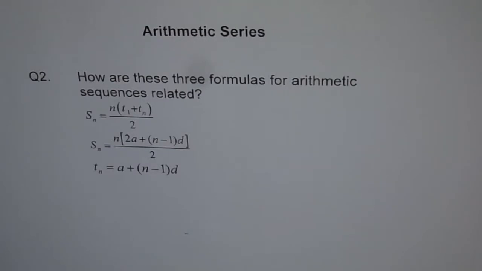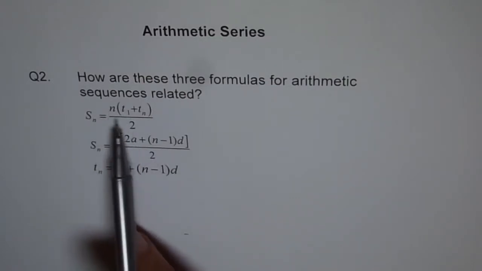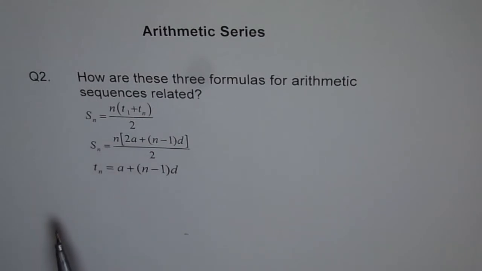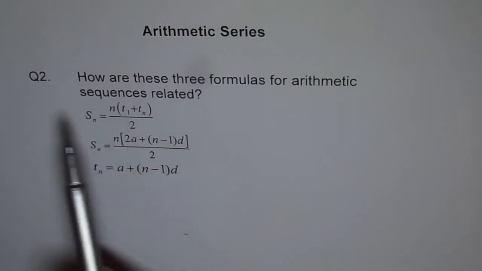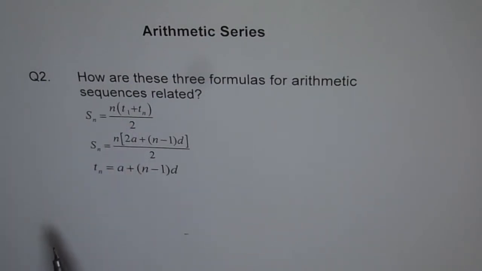So if there are n terms in an arithmetic sequence, then the sum of these n terms is the addition of first and last, multiplied by half the number of terms, which is n over 2. This part we understood in question 1. If you still have any doubts, you should watch the video on understanding this formula first, that is our question number 1 on arithmetic sequence, and then come to this one, okay?